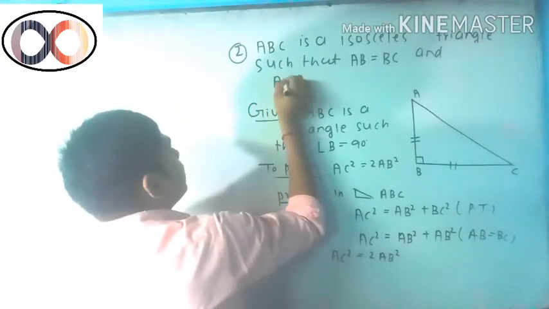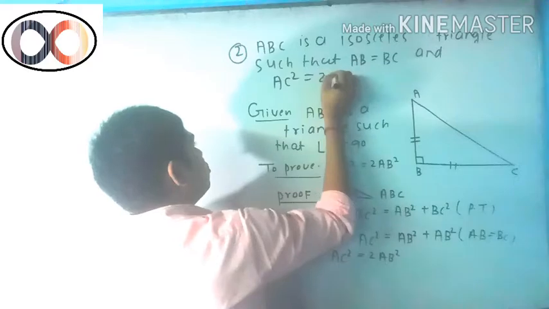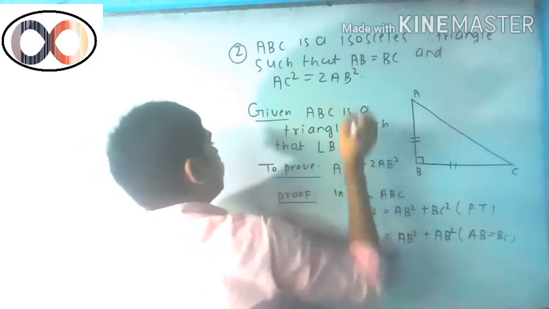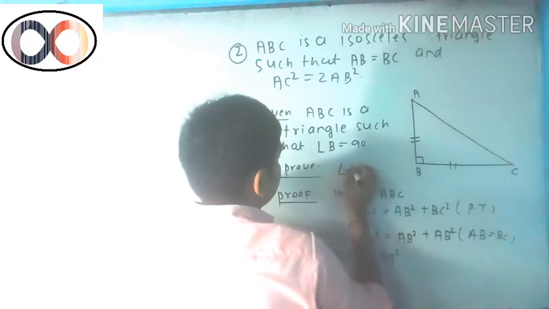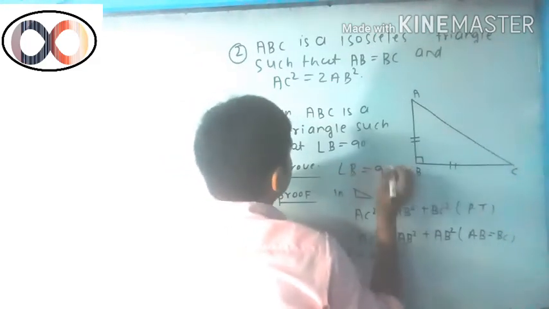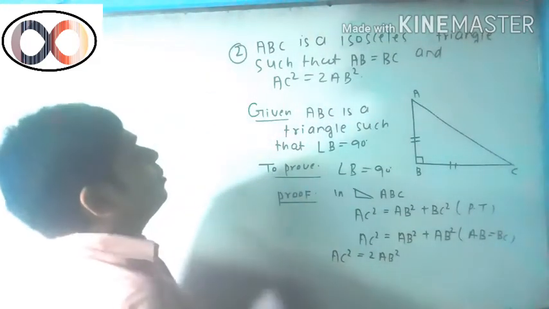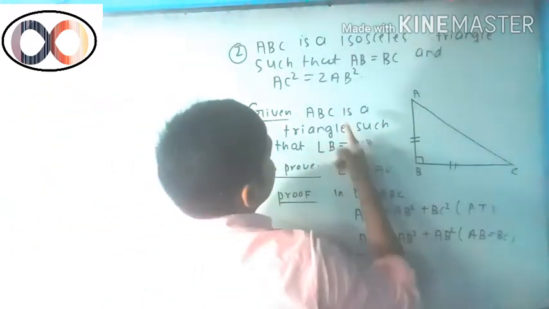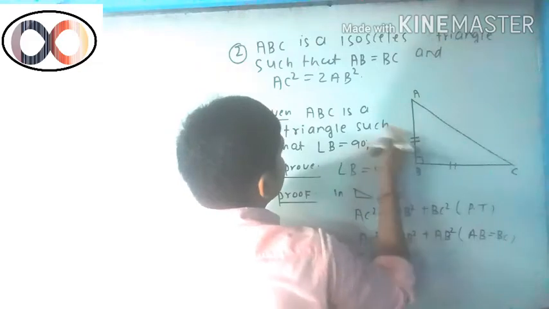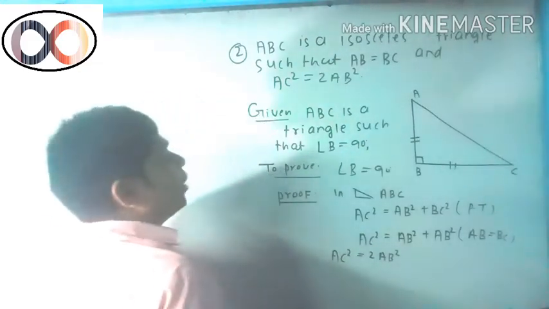This is already given in the question. We need to prove here angle B equals 90 degree. ABC is a triangle such that AB equals BC and AC square equals twice the AB square.